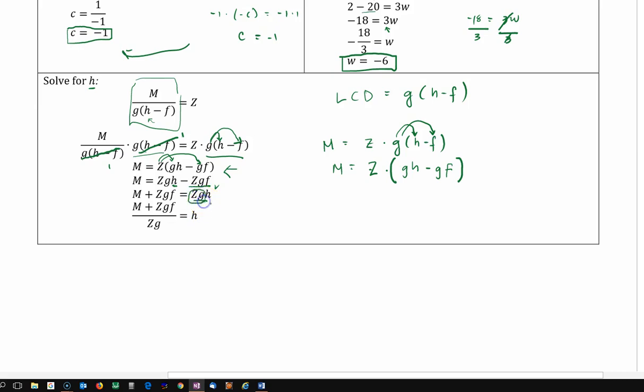We don't want the ZG there. We just want the H alone. So we divide both sides by ZG. So this is what happens. You divide by ZG and you divide by ZG. And that's how we get the answer. Of course, you want to put it on the left-hand side.